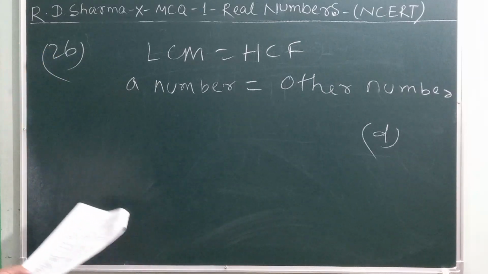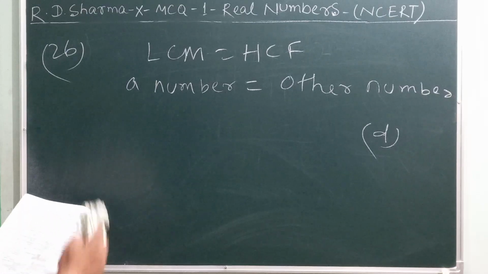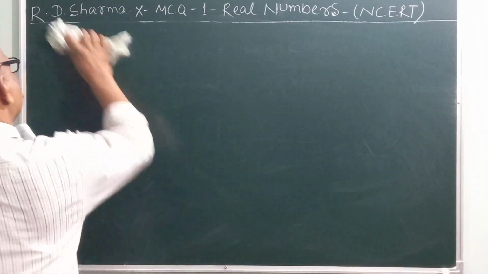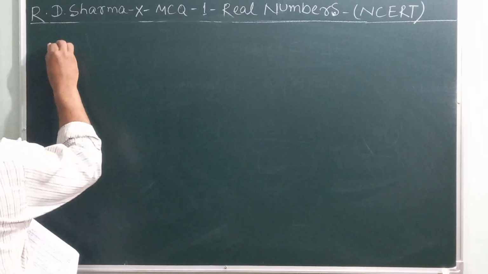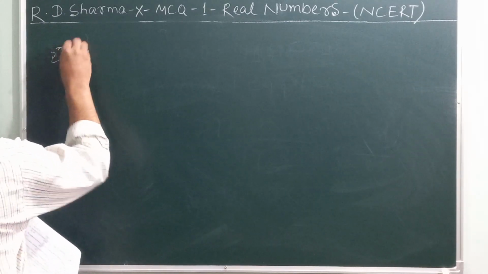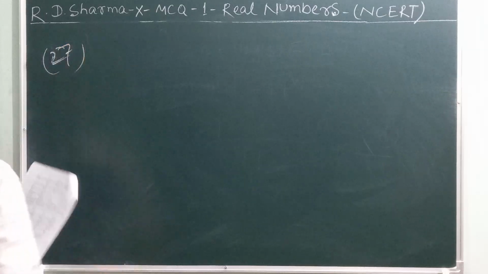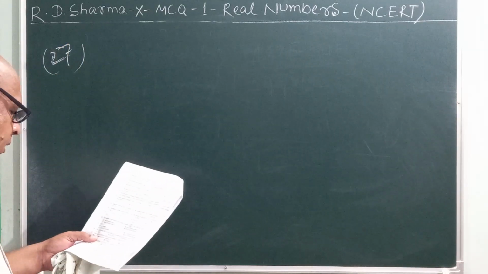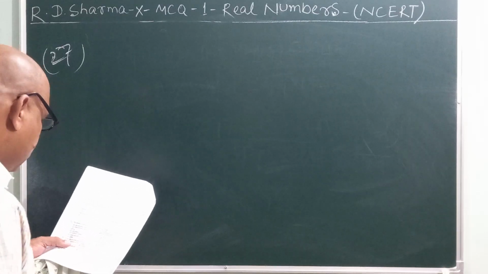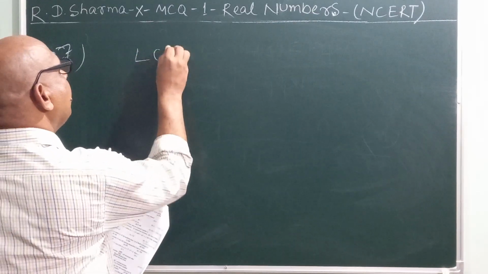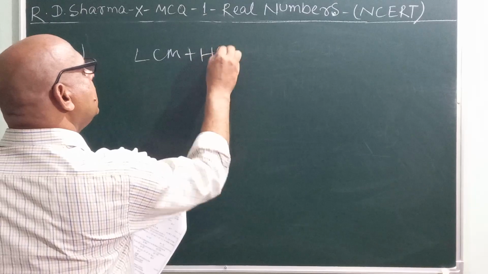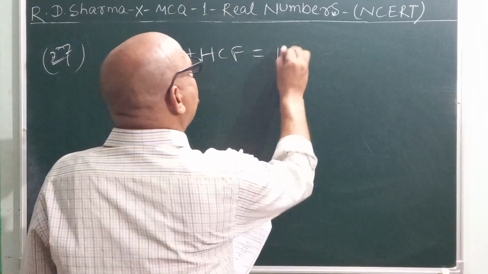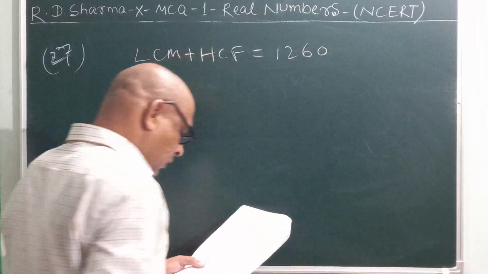27. The sum of LCM and HCF of two numbers is 1260. LCM plus HCF equals 1260.